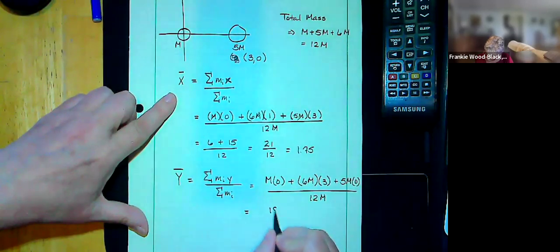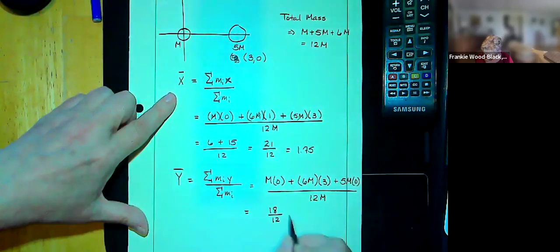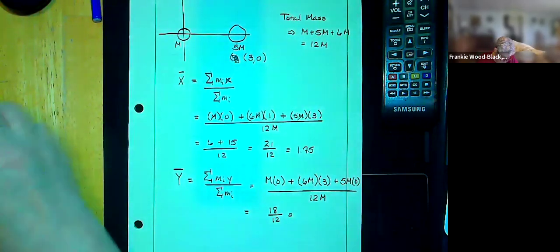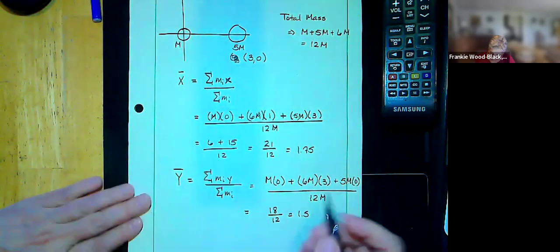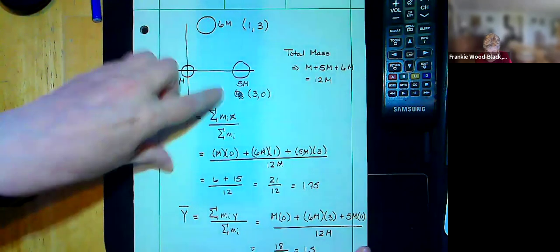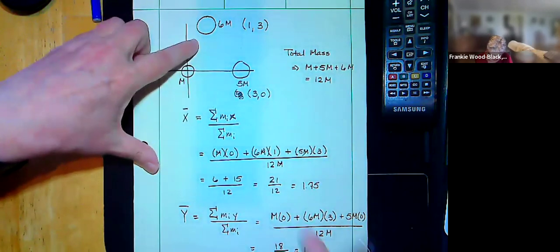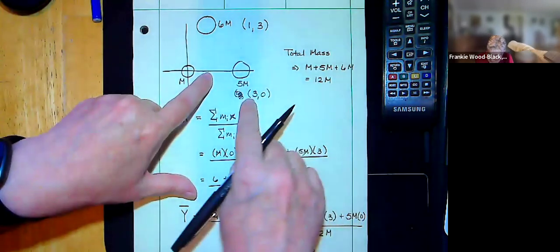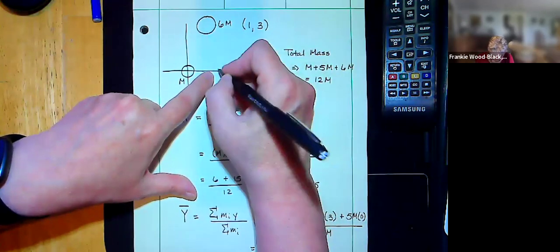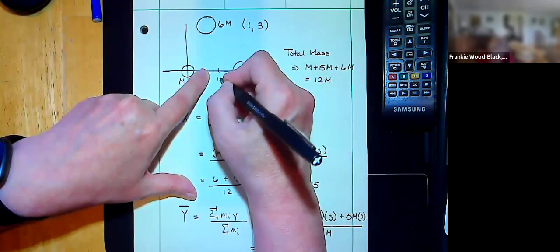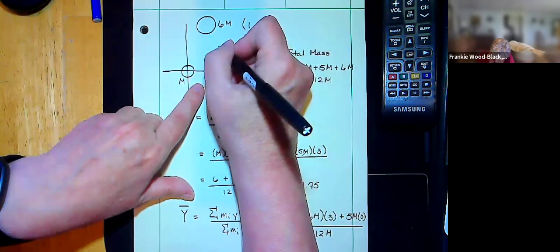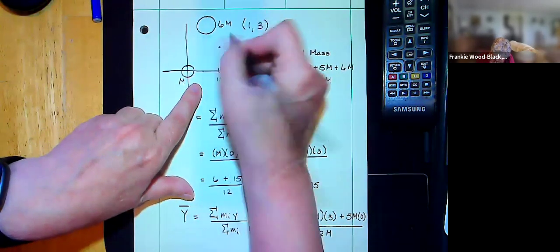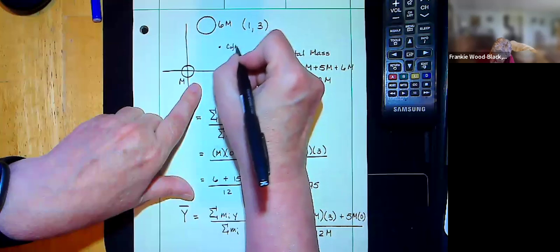So I'm going to have 18 divided by 12. And that's going to be at 1.5. So I can actually draw my center of mass on this one. Here's my 1.75, and the other one is at about there. So this would be the location of my center of mass.